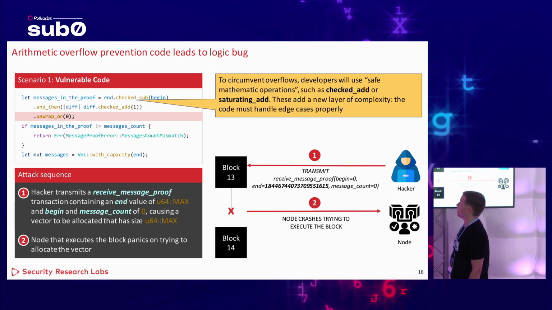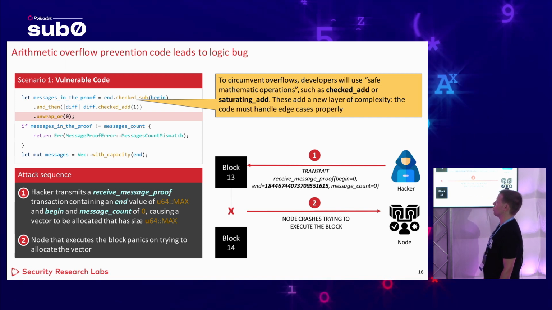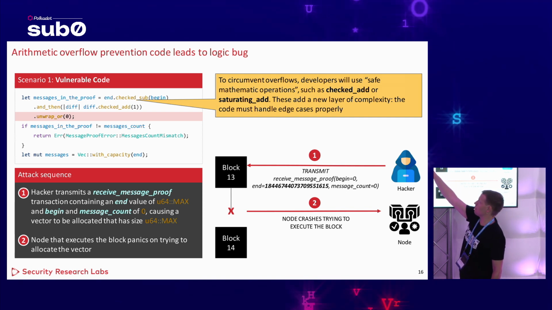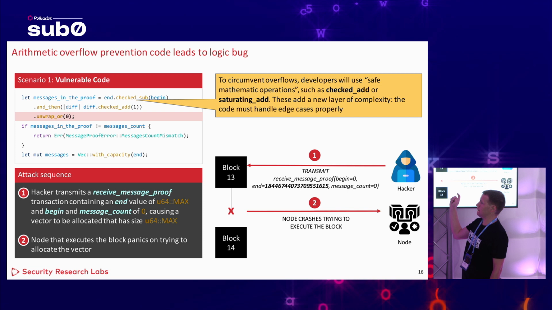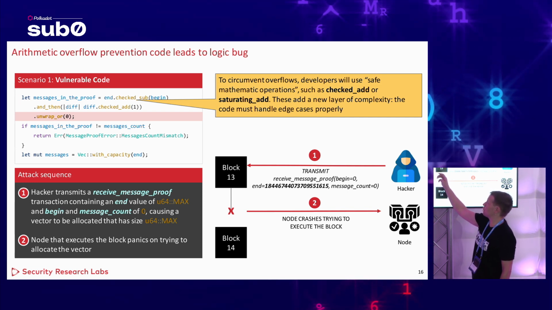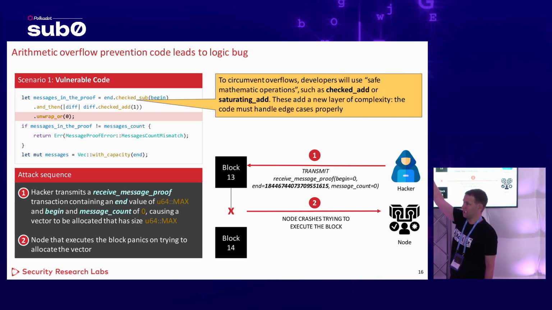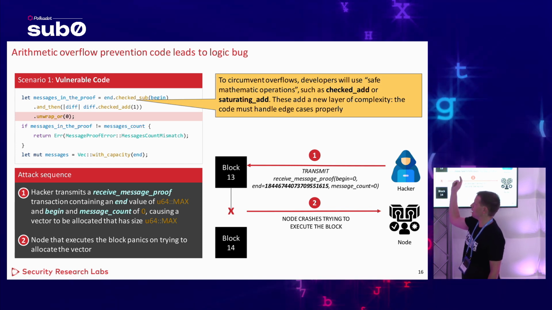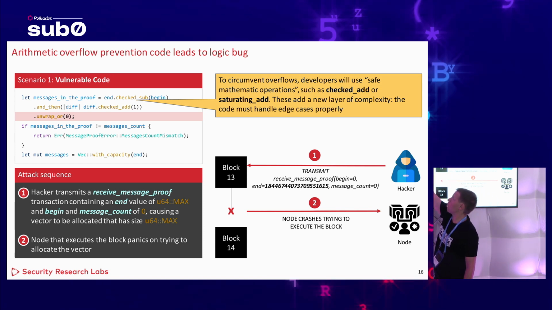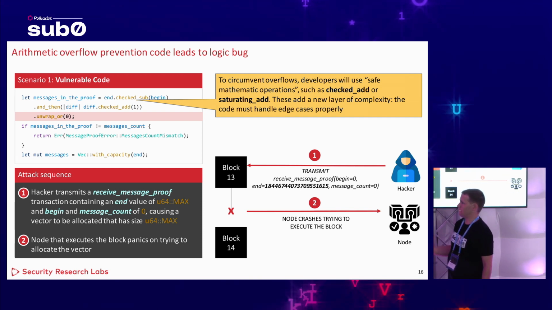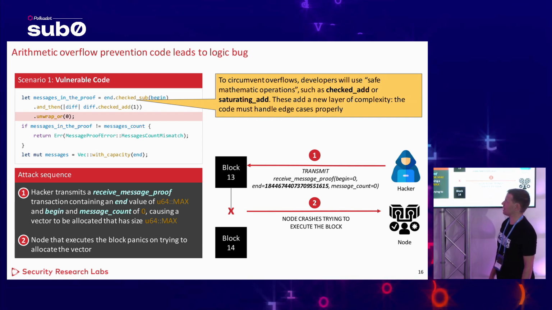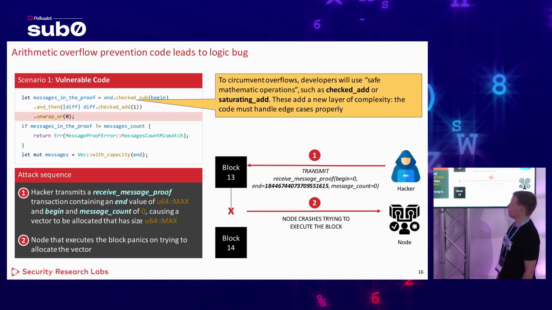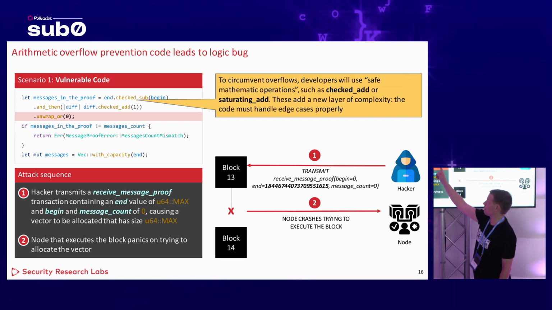And this can actually be a problem, because you could have a situation where end is the U64 maximum value and begin is 0. Then this checked sub will not overflow. It will result in the U64 max, and this addition with 1 will overflow. And overflow means that the checked add will return a None, and the unwrap will continue with a 0.